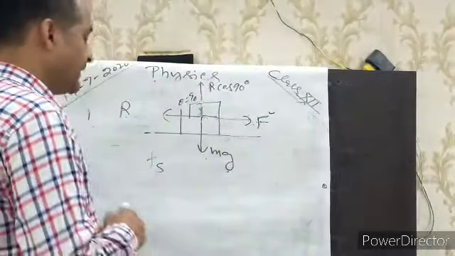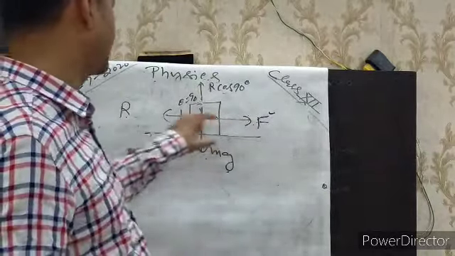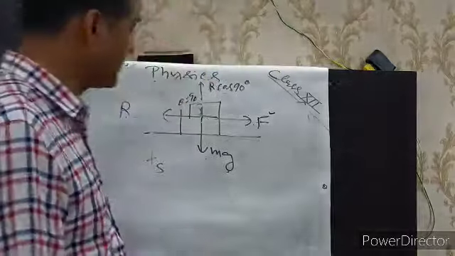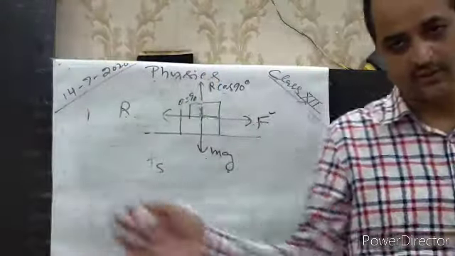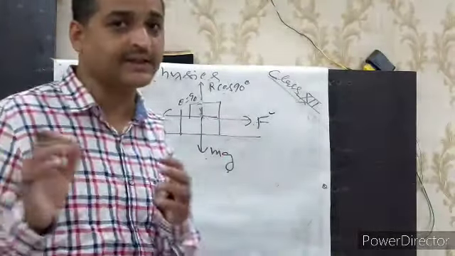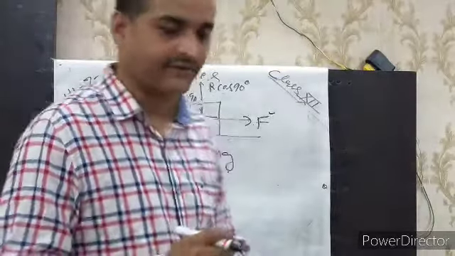If you apply a force greater than this friction force, or greater than R, then the body will move. Suppose the body is moving, means on the road something is moving, then even then there is a friction force, and that friction force is called kinetic friction.